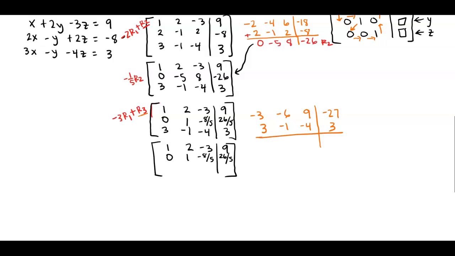And then when I add those together, I get 0, -7, 5, and -24. And that, remember, is becoming my new row 3. So that's coming down here. So that's going to be 0, -7, 5, and -24.